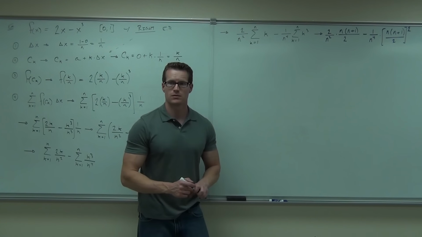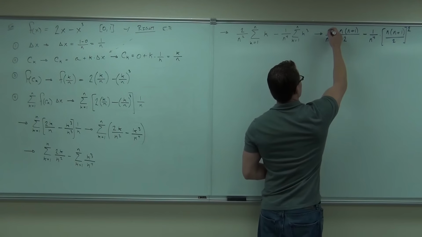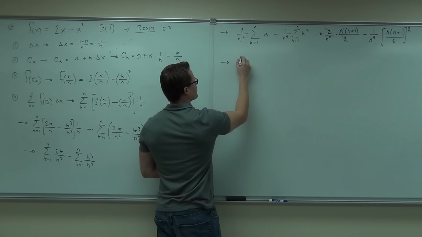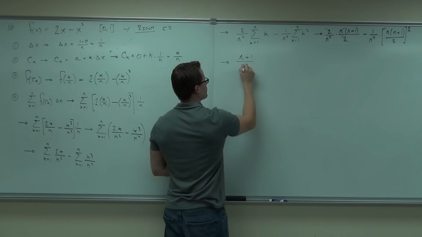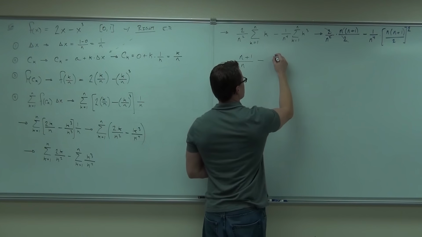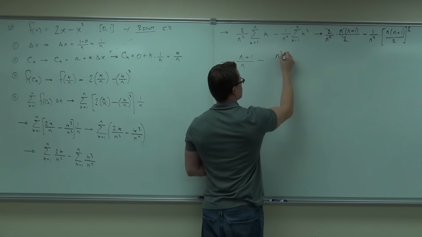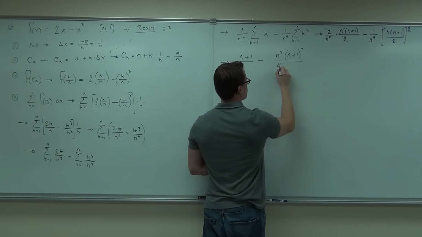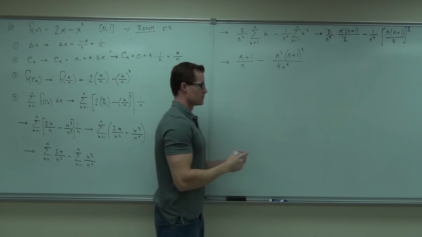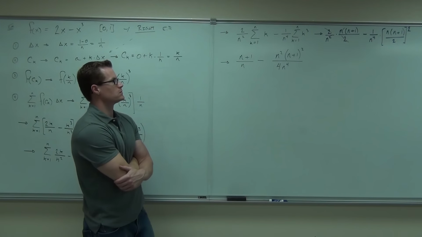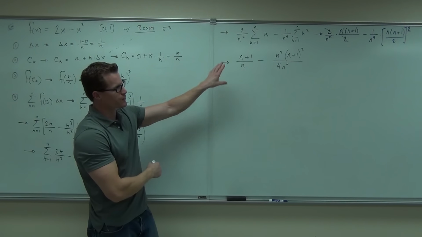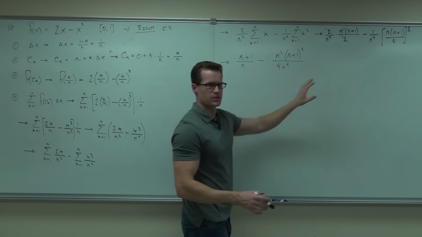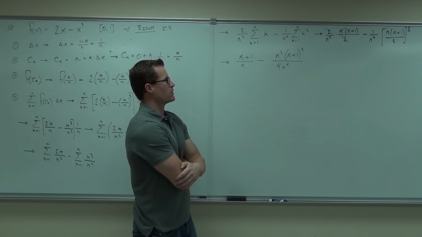Did you make it that far on your own? Simplifying the first one, squaring everything inside the parentheses, the second one, multiplying by 1 over n to the fourth.